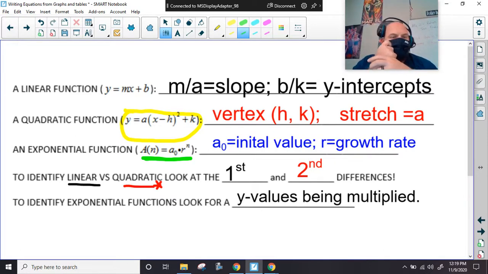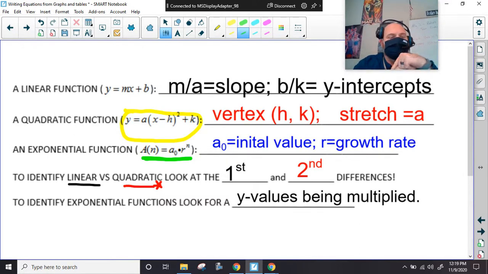I will tell you for the quadratic, finding the A is usually what people think is the hardest thing, but I try to find an easier way to do so. And then there's this thing that says to identify linear versus quadratic, look at the first and second differences. I'll explain what that means because some of y'all are like, what does that mean?